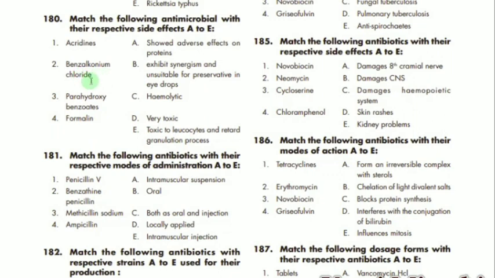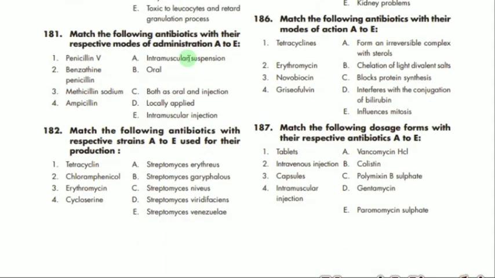The side effect of this antimicrobial is hemolytic. C is the correct option. Then we have the third, the parahydroxybenzoates. The third answer is B, exhibit synergism and unsuitable as a preservative in eye drops. Last we have formalin. The side effect of formalin is that it shows an adverse effect on proteins.